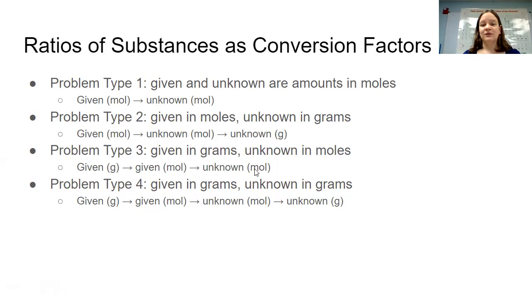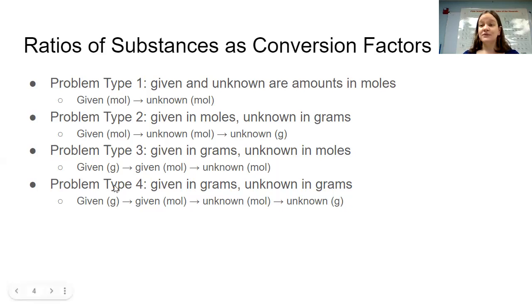We can go the opposite way with that as well. That's problem type 3. They give us the mass of something. We would convert that to the number of moles, and then from there, we would do a mole ratio and find the number of moles of the other substance that they're asking us to find.